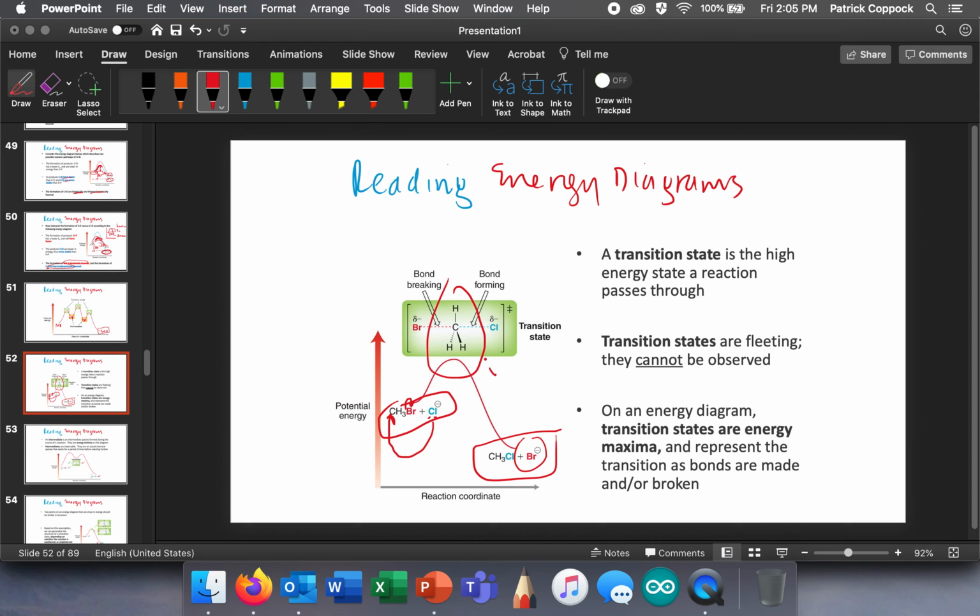Here's the chlorine beginning its bond to carbon, and here's the bromine breaking its bond to carbon. The transition state is when both of those bonds are partially formed or broken. Transition states cannot be observed because they are fleeting. We never see that. We see results of it, and we can measure the energies of it, but we can't see it because it's so fleeting.